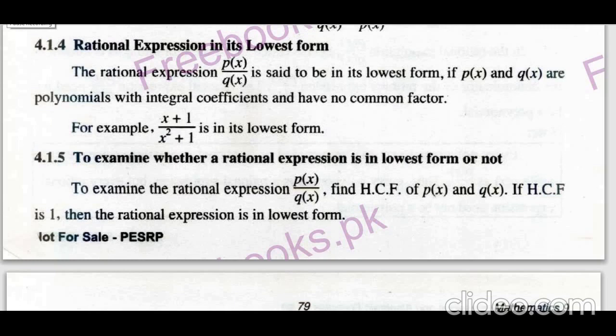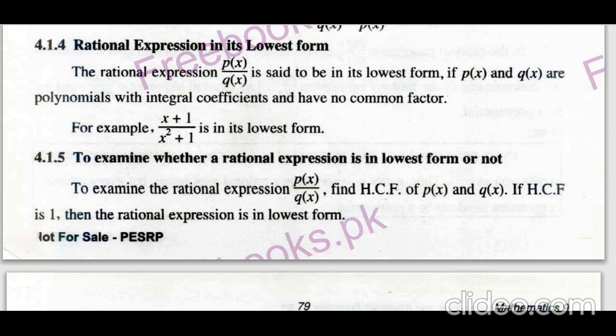Today we are going to discuss rational expression in its lowest form. Okay, the rational expression p of x by q of x. In our previous class we discussed what a rational expression is. A rational expression consists of two polynomials p of x and q of x, like a rational number in fraction form, and p of x and q of x are any two polynomials.